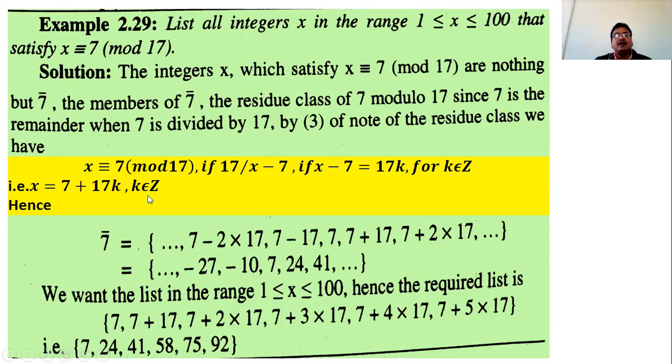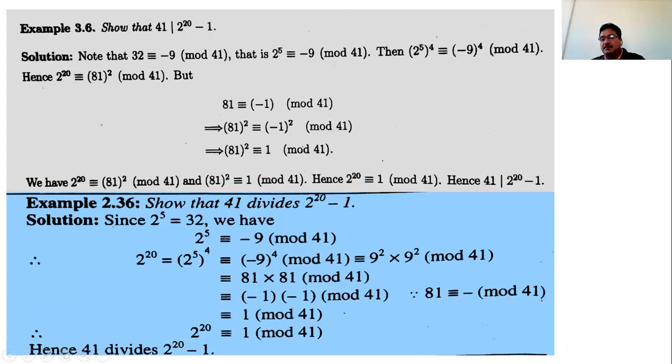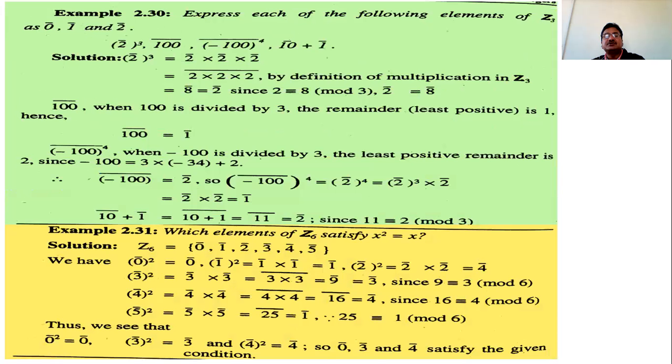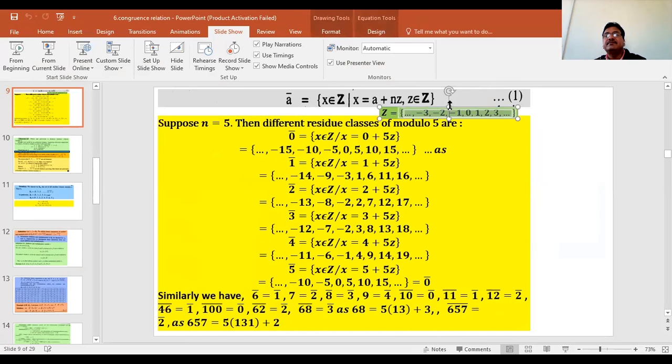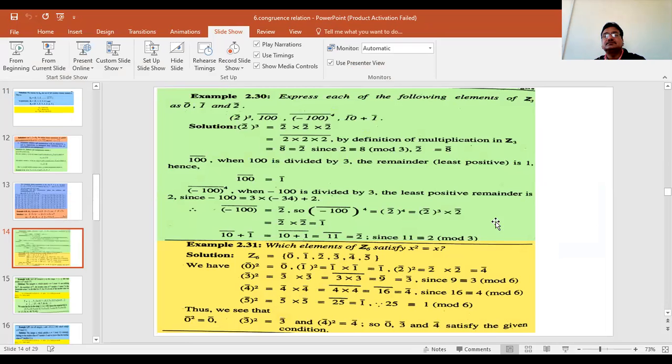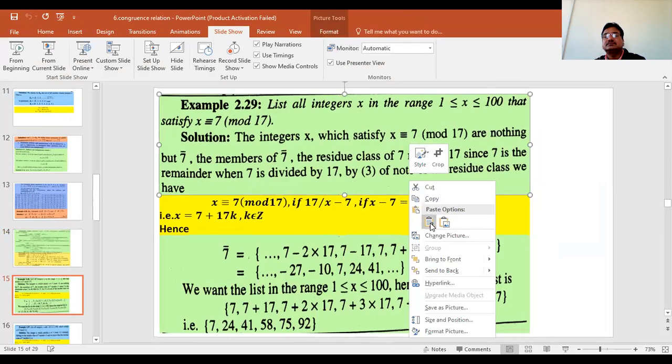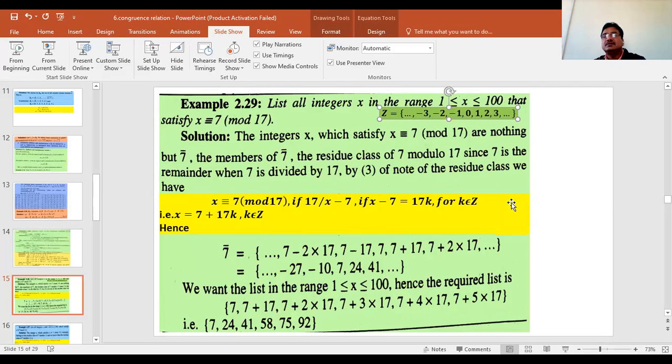That is, substitute k as an integer. What is the set of integers? It is 0, 1, −1, 2, −2, and if you start from minus infinity, it is ..., −3, −2, −1, 0, 1, 2, 3, and so on.